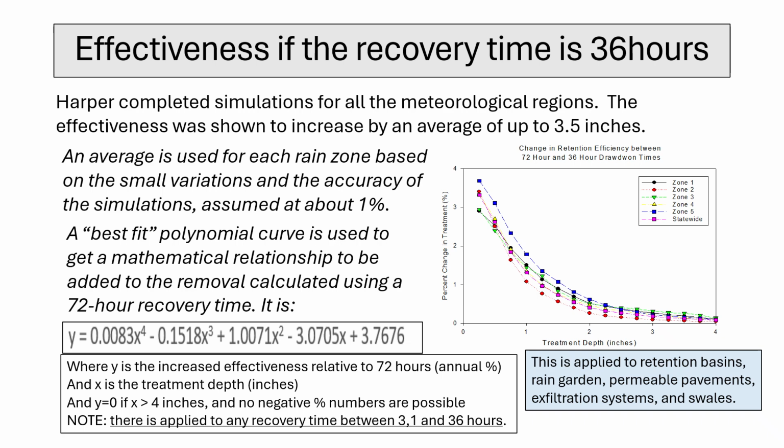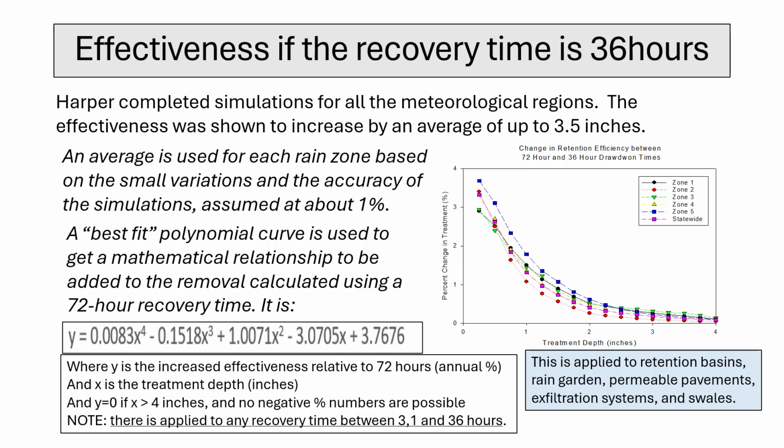This adjustment for a 36-hour recovery time is applied to a range of practices, including retention basins, rain gardens, permeable pavements, exfiltration systems, and swales. The BMPFast software specifically applies this increased effectiveness for any recovery time between 3.1 and 36 hours.